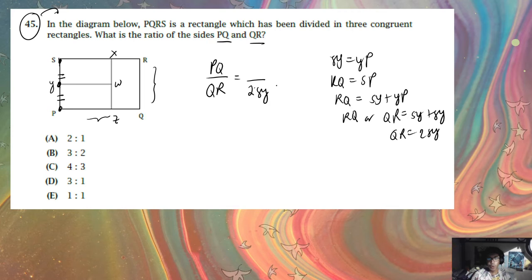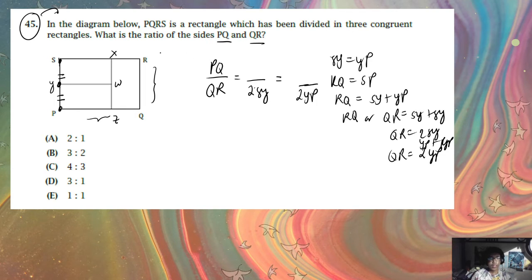It could also be QR equal to 2YP, since they are both the same.